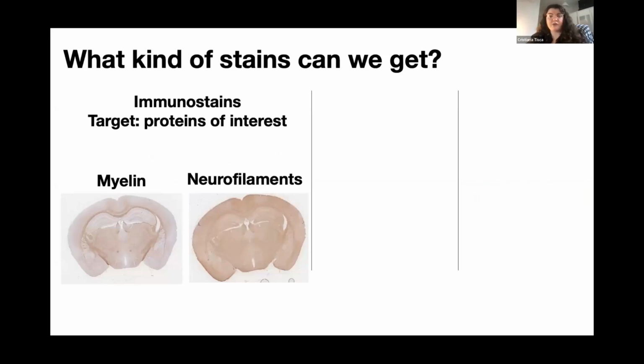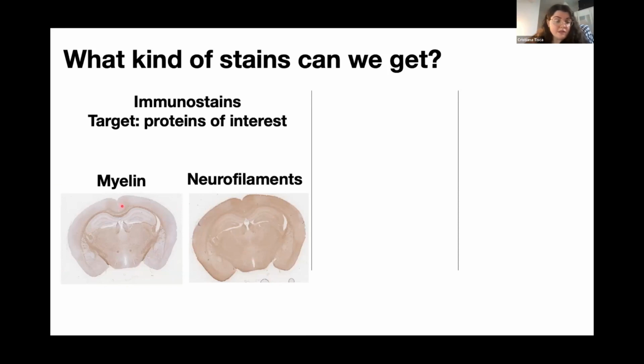So here we have proteins in tissue that are labeled using specially designed primary antibodies that have an affinity for a particular part of the proteins of interest. So for instance, in this stain, the antibody is targeting some myelin proteins, and in this particular stain, it's targeting some polymer proteins that are found within neurofilaments that are found in neurites that are part of neurons.